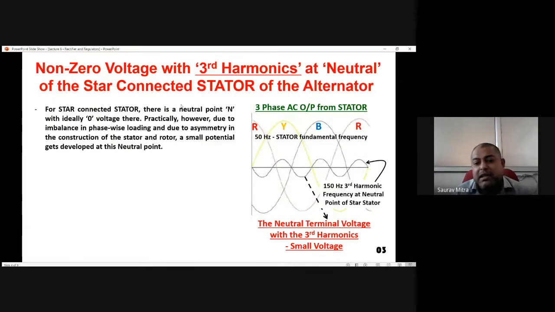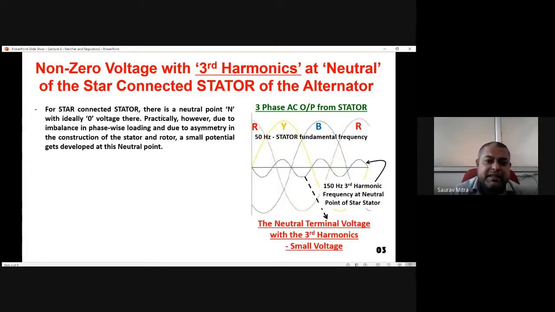Now there will be another two diodes added to the six diodes. Why? This is another very big question. The title of the slide is non-zero voltage with third harmonic at the neutral of the star connected stator of the alternator.